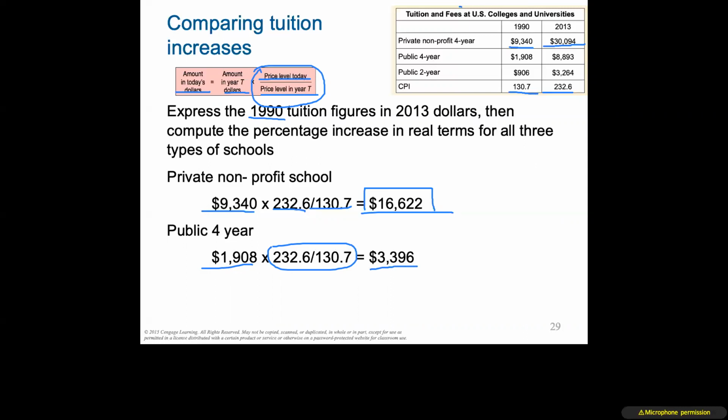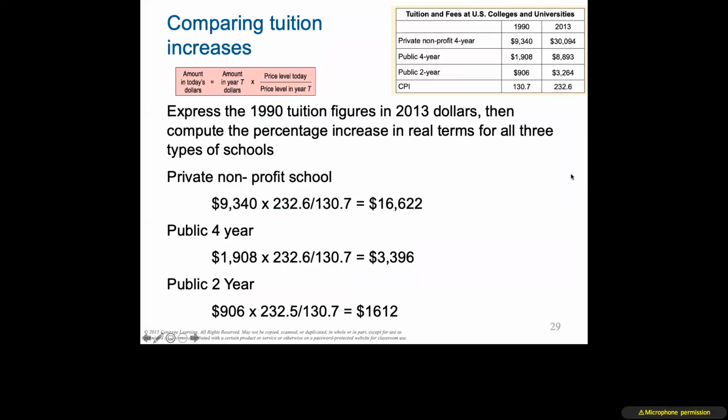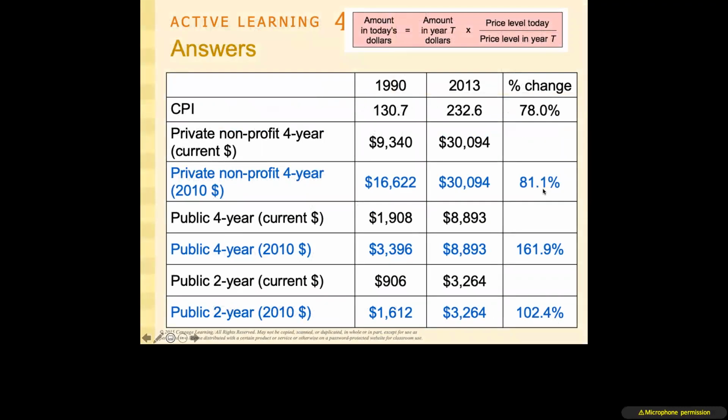Doing the same thing again for public two-year, we can calculate the same numbers. Why do we do this calculation? Because it allows us to say what really was the percent change in price. When we look at the actual prices now versus the prices here adjusted, we can see that a private school education increased in price by 81%.